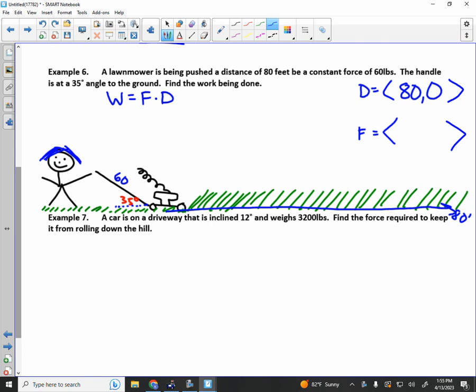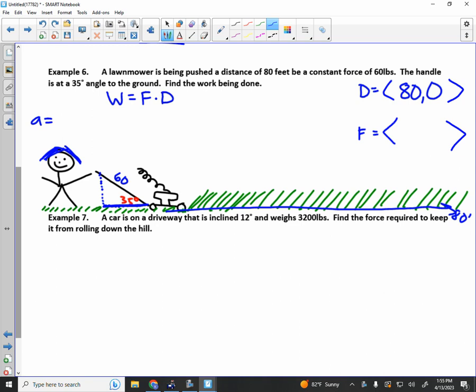We have a horizontal component to force, and we have a vertical component to force. Look at this part right here. This is the horizontal portion of your force vector. How do we come up with the horizontal component of a vector? Good.